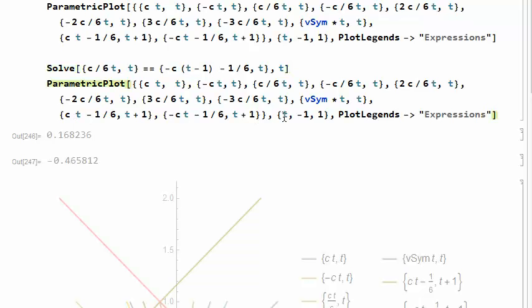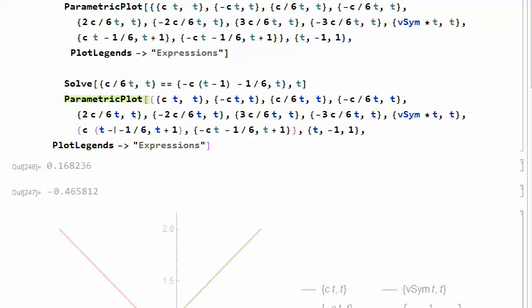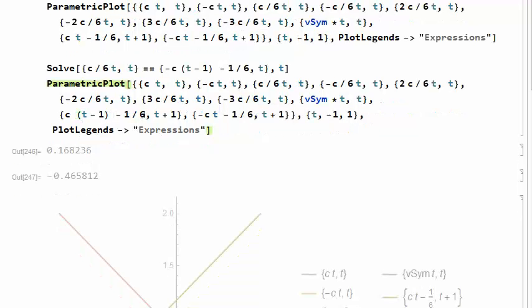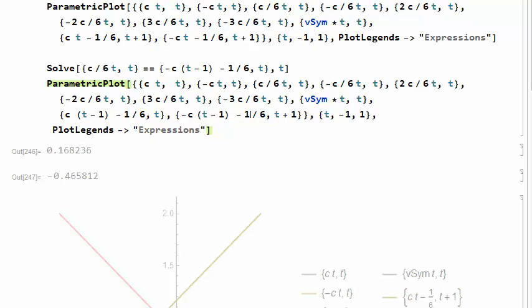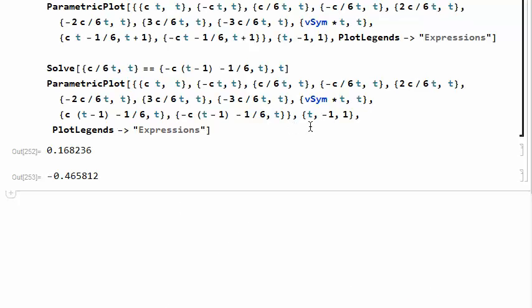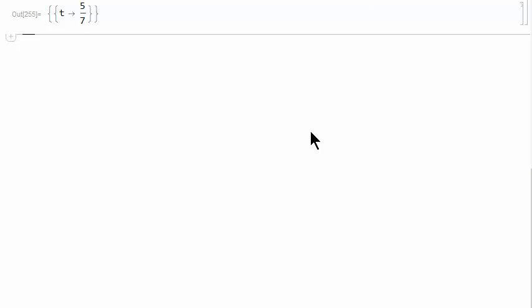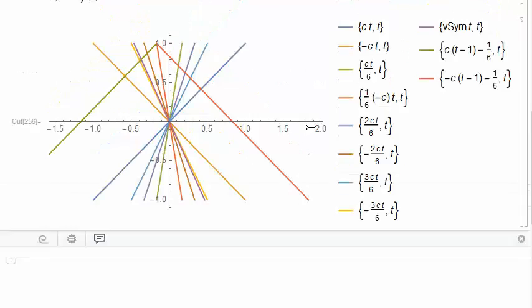So here I have c times t minus 1/6, and then t, and then here again c times t minus 1/6, and then t, and that will produce hopefully a nicer diagram.